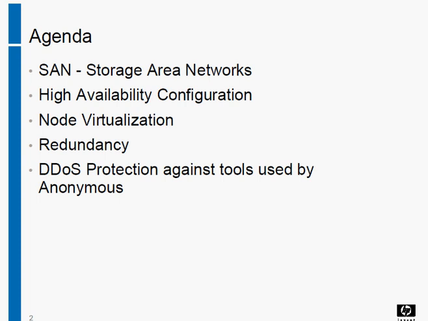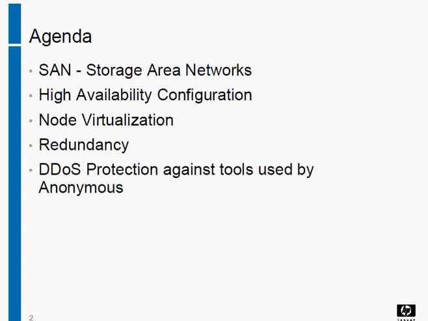In this episode, we're going to be talking about SAN, storage area networks. We're going to talk about the SAN specific modules. Then we're going to go into the high availability configuration. How can we do node virtualization, redundancy for all of our data.